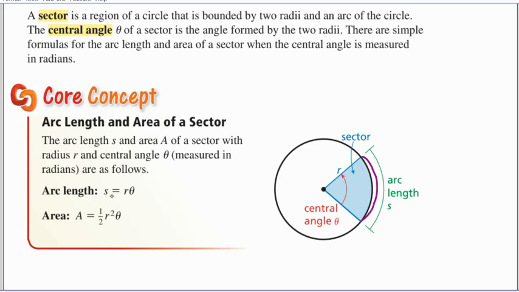The arc length S, you need to take the radius of your circle, R, times theta if it's measured in radians. To find the area of your sector, you do 1/2 the radius squared times theta as measured in radians.